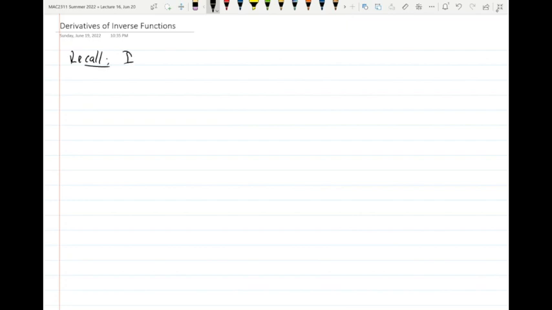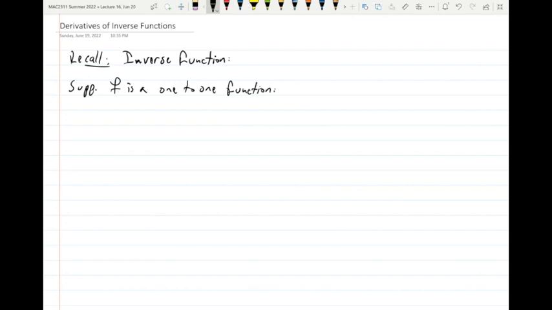So recall inverse functions. I'm just going to illustrate this with a picture. So suppose that f is a one-to-one function. You know what one-to-one is? Two different inputs will always give you two different outputs.